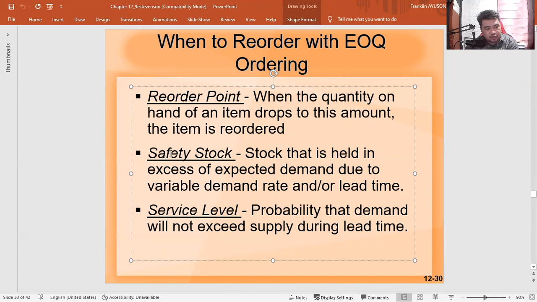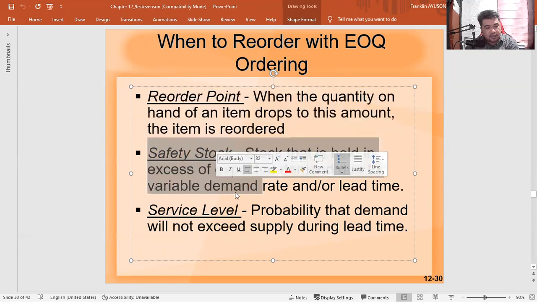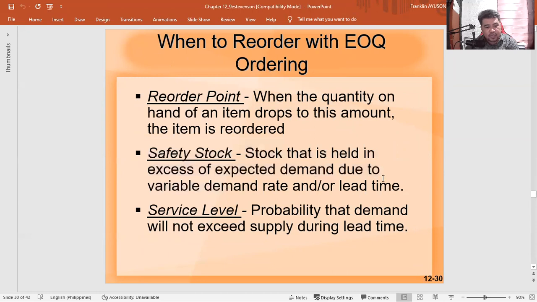We also maintain what you call the safety stocks. The safety stock is held in excess of expected demand due to variable demand rate or lead time. So even though we have a reorder point, we still maintain our safety stocks, because we expect that there will be varying demand rate or lead time.